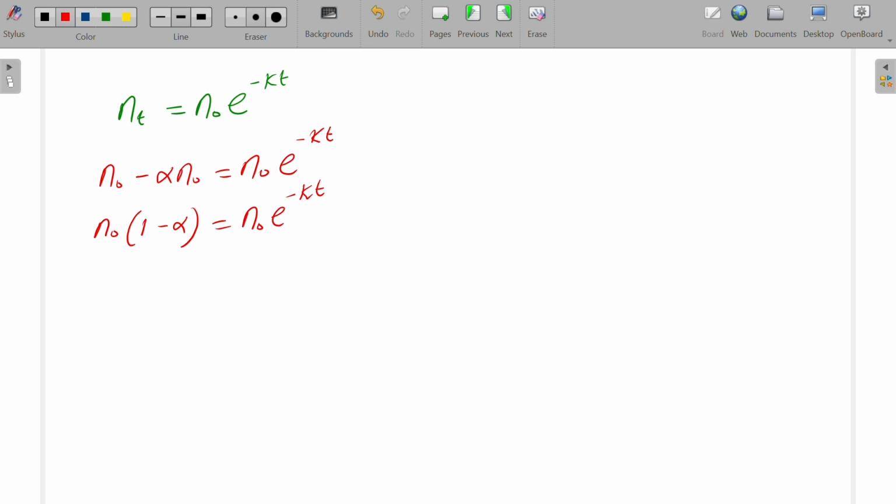At this stage, all we have to do is divide by n initial on both sides. What we're going to get is 1 minus the degree of dissociation is equal to e to minus kt, like that.